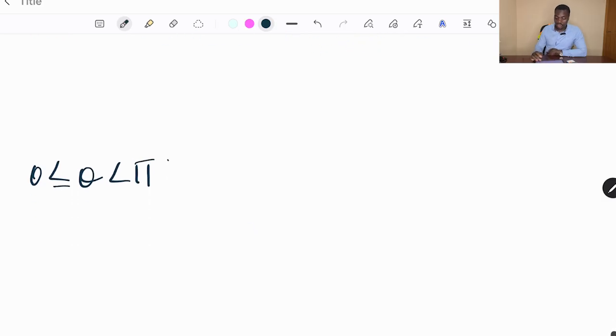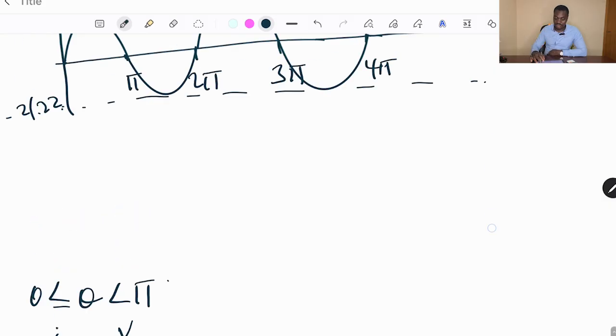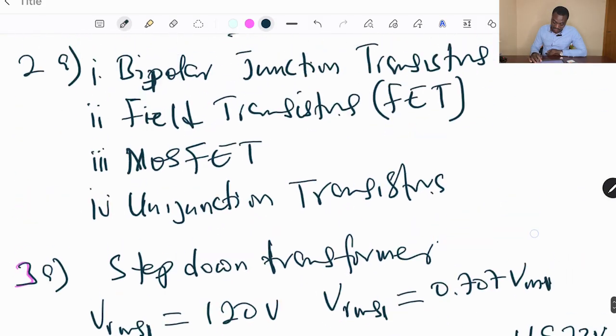That means we are going to have forward biasing. So when you have forward biasing, the forward current, using small f for instantaneous, will be equal to the voltage supply over the load resistance, based on the circuit diagram that we have here.